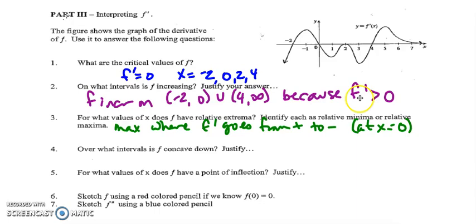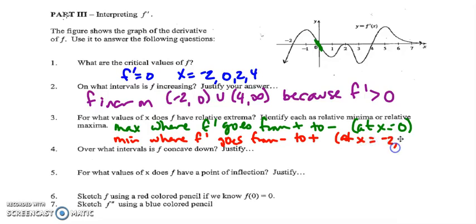I believe that's the only one where f prime goes from positive to negative. Now we're going to have relative minima where f prime goes from negative to positive, and that's going to be at x equals -2 and at 4, so right here and right here.